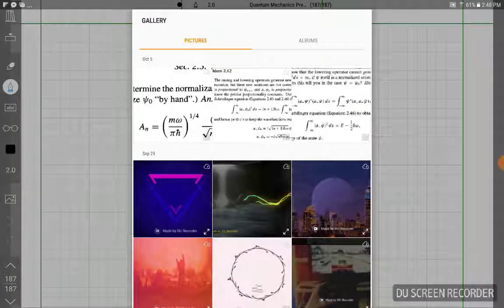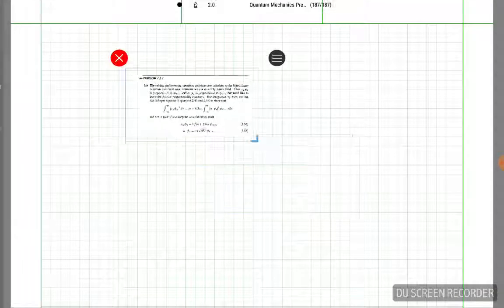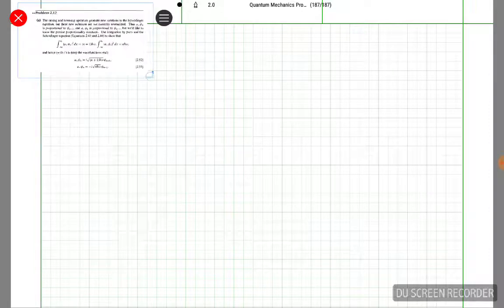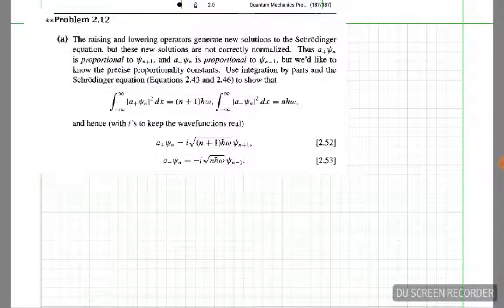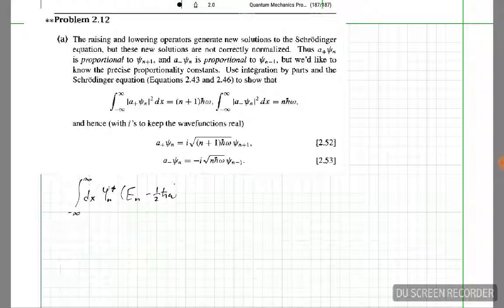Let's just go ahead and pull this up so we remember what we're doing. So I'm going to go ahead and replace that in there. So now I have psi complex conjugate E minus 1/2 h bar omega psi n.